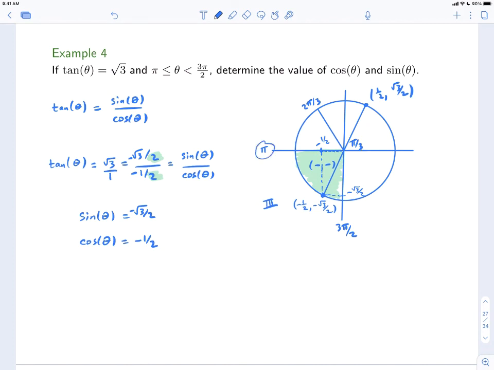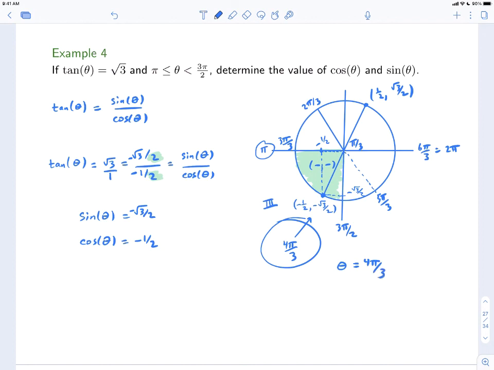And then pi is 3 pi over 3. So that means that this one right here is 4 pi over 3. Now if we wanted to keep going, this would be 5 pi over 3 over here, and then this one would be 6 pi over 3, which is 2 pi. So what we want is this one right here. That tells us that theta is equal to 4 pi over 3.